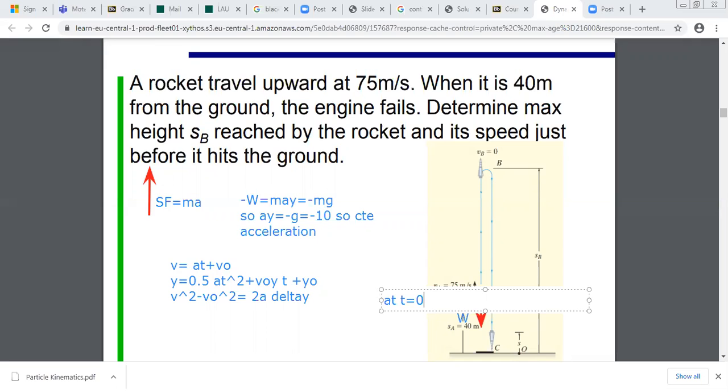At t equals 0, I know that y is equal to 40, so this is y0, and v0 is equal to 75, because they said when the engine fails, the velocity was 75 meters per second. And first I want to find what is the maximum height reached by the rocket. So the question is, what is the maximum height reached? What will happen at the maximum height?